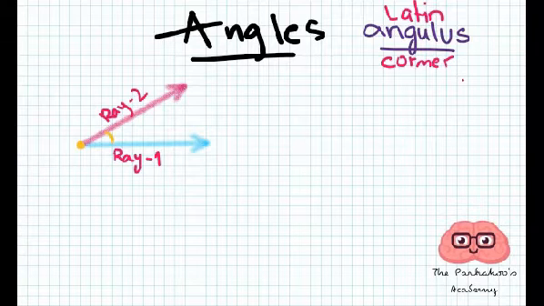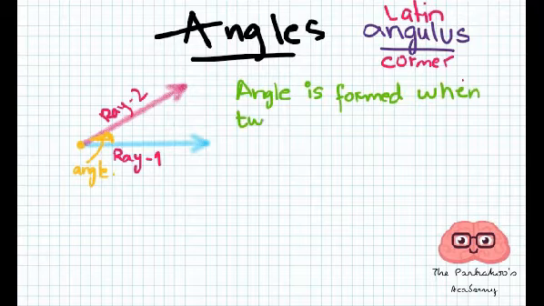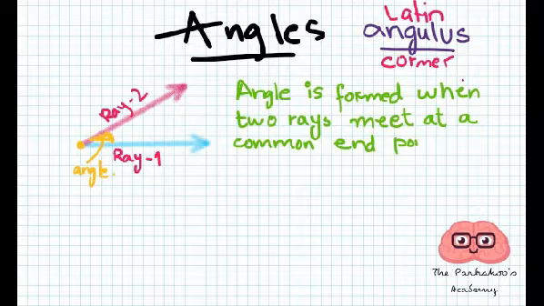So this is an angle. So the definition can be stated as: according to the definition, the angle is formed when two rays meet at a common point.